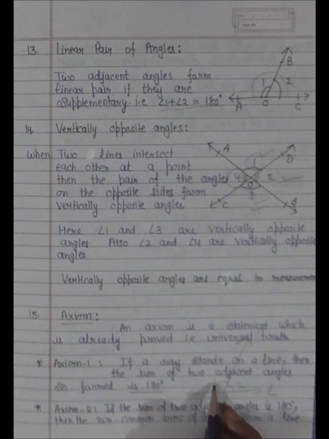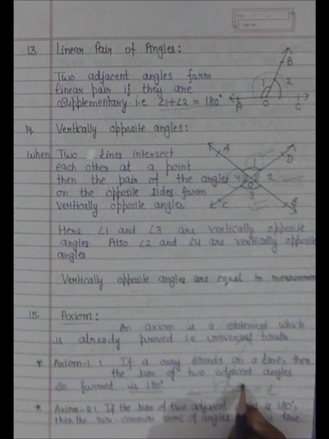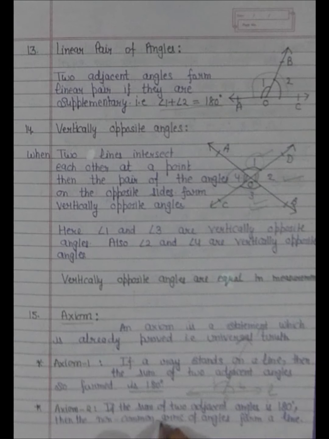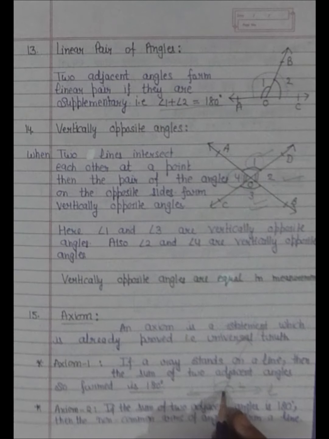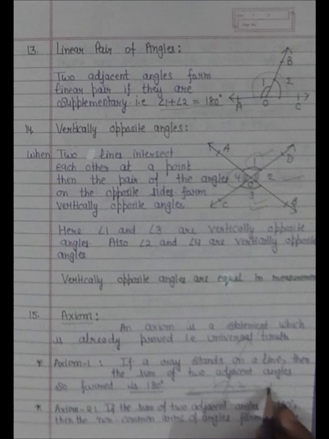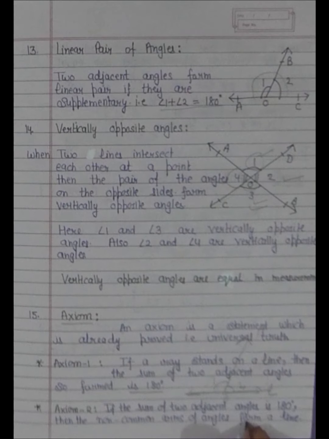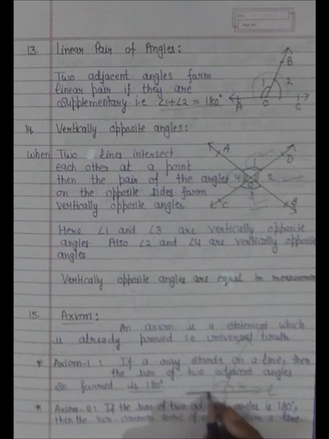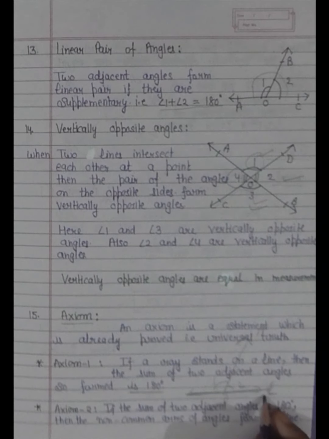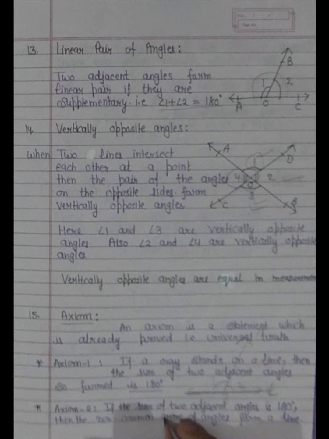Let us consider here angle 1 plus angle 2 is 180 degrees. Then the non-common arms of these two adjacent angles form a line. It means L is a line for this axiom. Both axioms we will use to prove theorems.